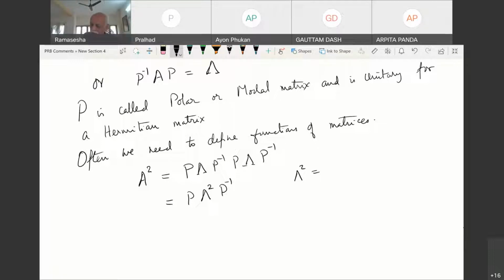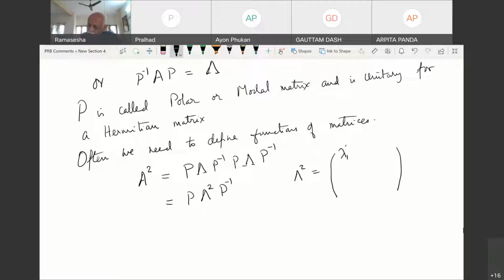If lambda is a diagonal matrix, what is lambda squared? When you multiply two diagonal matrices, what do you get? Nobody answers? You don't know the answer, or you know the answer? Diagonal elements would be squared. Right?